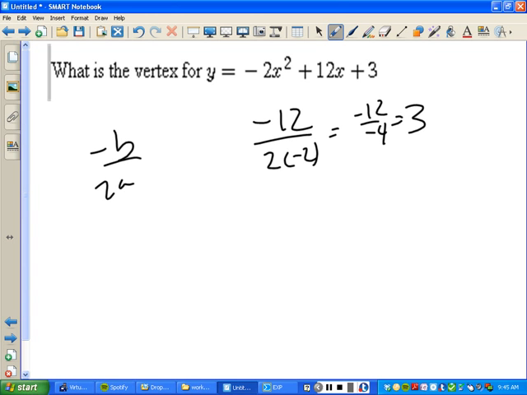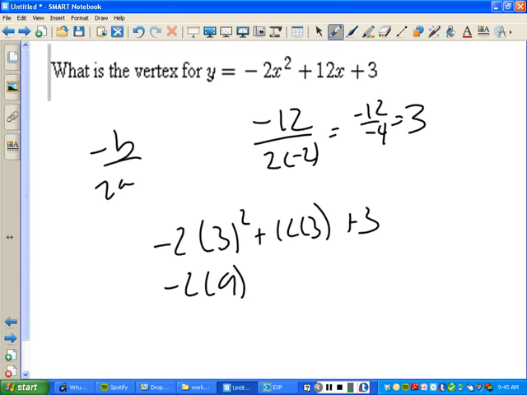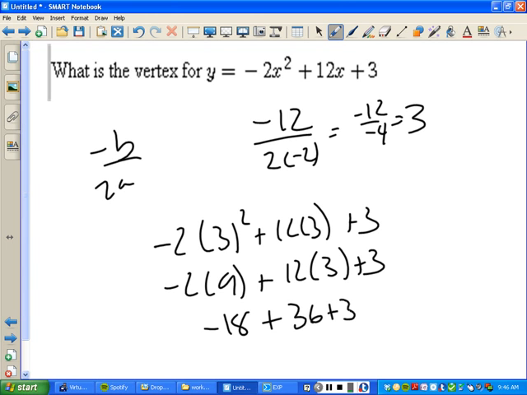Now, when x is 3, what's y? Negative 2 times 3 squared plus 12 times 3 plus 3. Negative 2 times 9 plus 12 times 3 plus 3. Negative 18 plus 36 plus 3. Looks like 21. So your vertex is (3, 21).